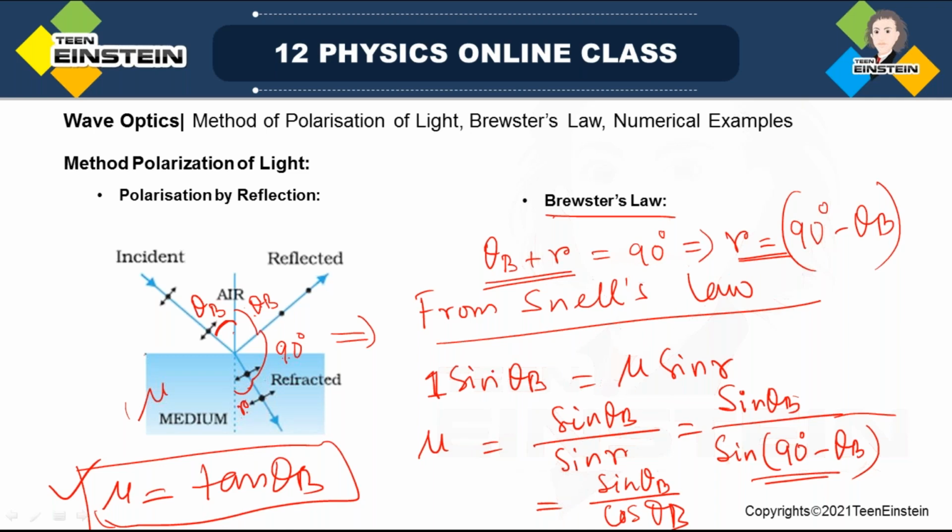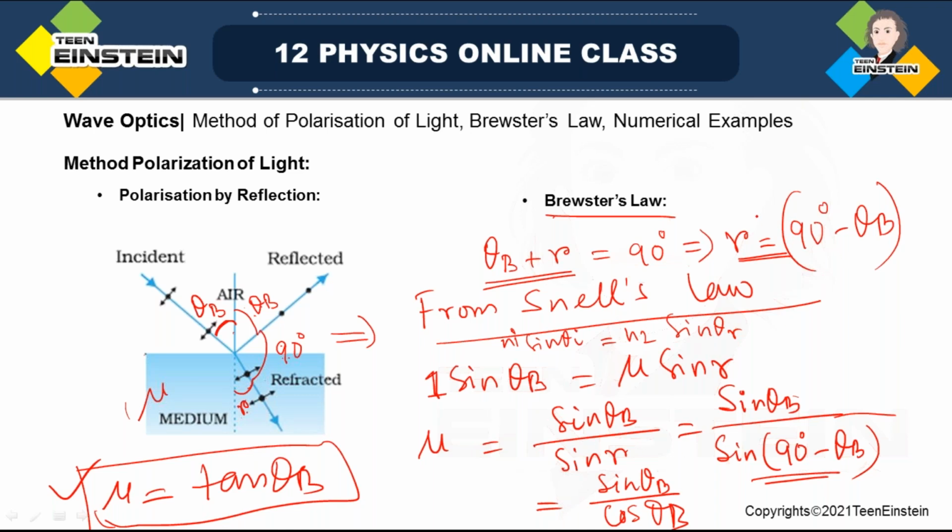And now from Snell's law, n1 sine theta i equals n2 sine theta r, r for refracted, the angle of refraction.